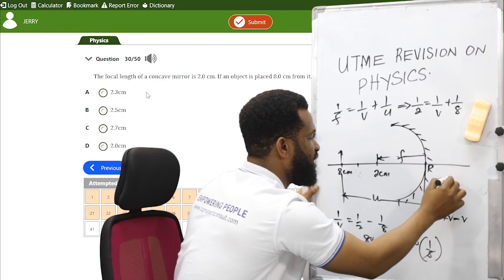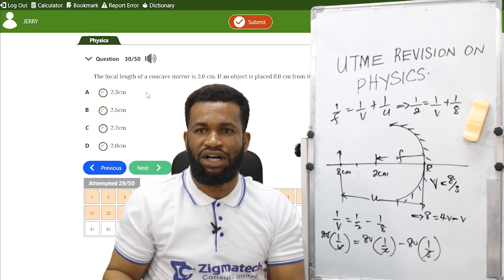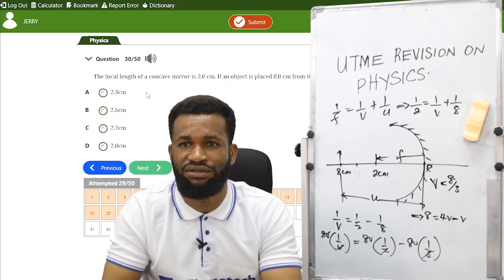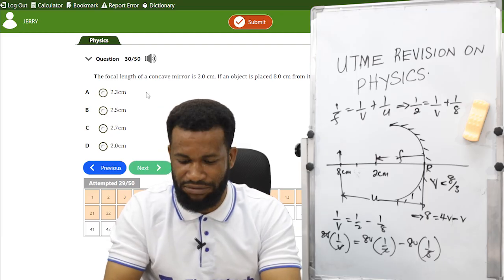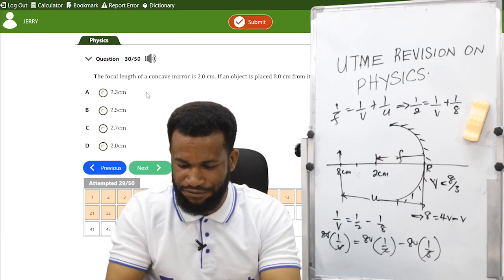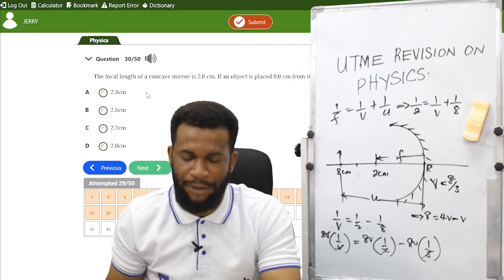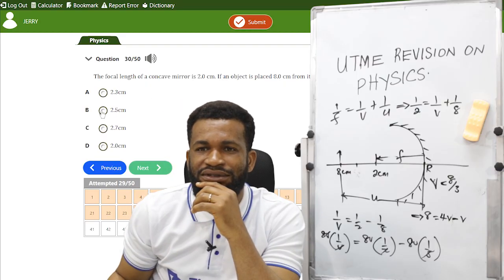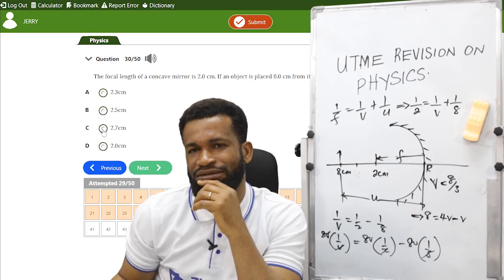Therefore V is 8 divided by 3. What option is best for that? 8 divided by 3 is about 2.7, since 8 divided by 3 is 2.66. There's no 2.6 here, only 2.7 and 2.5, so I'll go with 2.7.